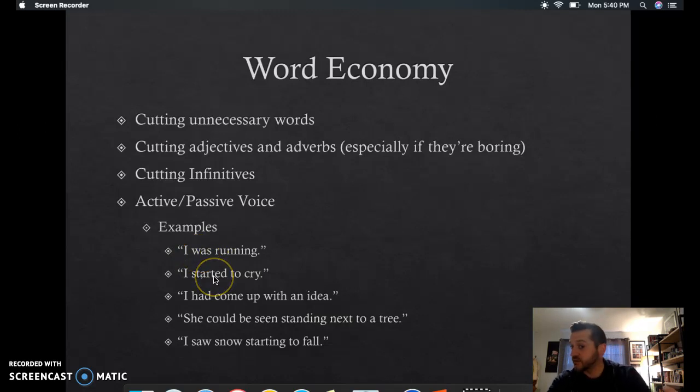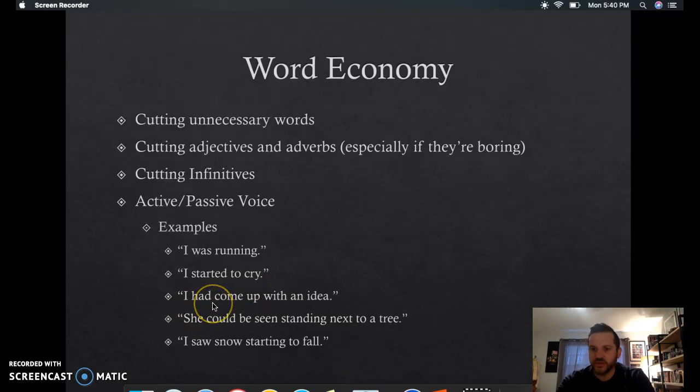Or "I started to cry." Saying that you started, proceeded, or decided to, generally speaking, most times doesn't matter. Just get to the point, all right? And then "I had come up with an idea." We call this past perfect tense. You use the word had, like "I had done this" or "I had thought this."